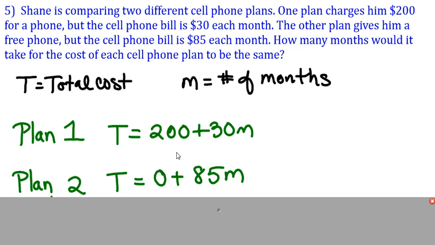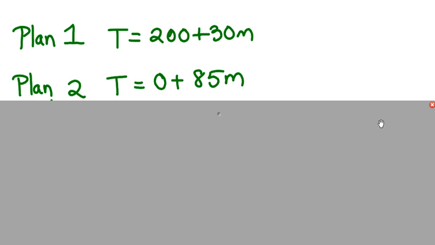Here's our equation for plan 1. I want to figure out how many months it would take for the cost of the plans to be the same. Remember, total cost, that's the same variable, right? Well, if T equals this and T equals that, I could substitute this in for T. Then I only have one variable and one equation to solve for.